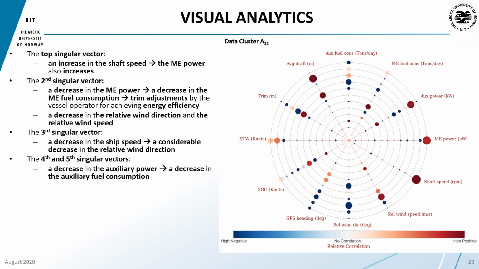For the fourth and the fifth singular vectors, a decrease in the auxiliary power results in a decrease in the auxiliary fuel consumption. For the sixth singular vector, a significant increase in the speed over ground leads to a decrease in the relative wind direction.